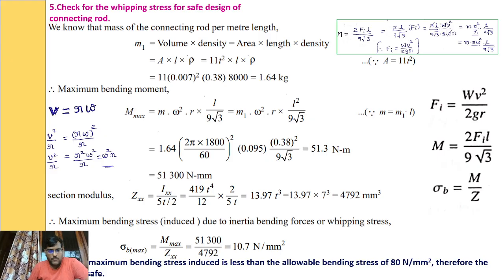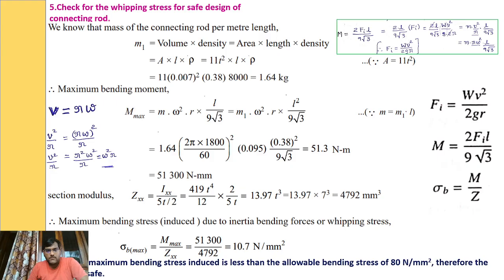But before that, here M is the mass. I have taken M1 as the mass of the connecting rod per meter length. As you know, M1 is volume into density. Volume is nothing but area into length, so area into L. Density is rho.